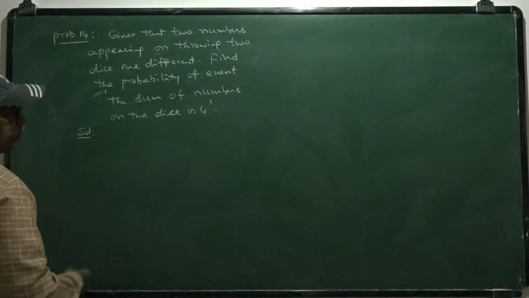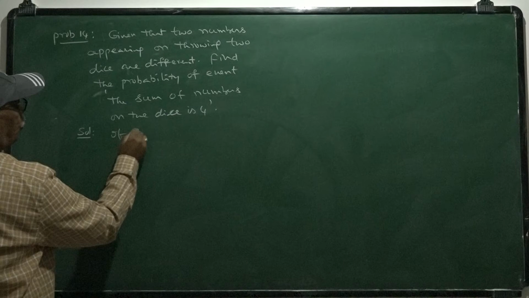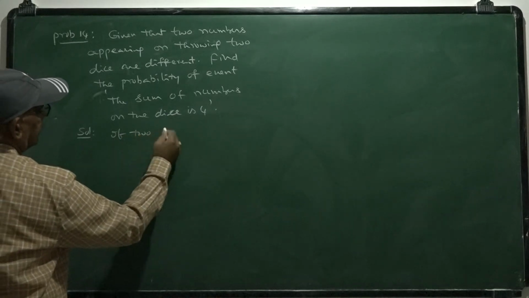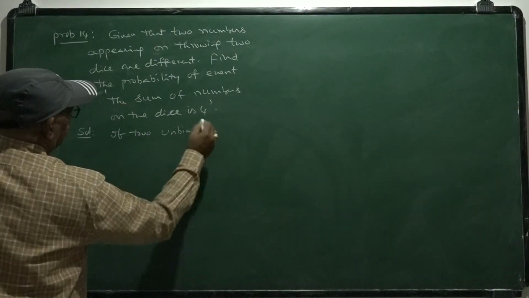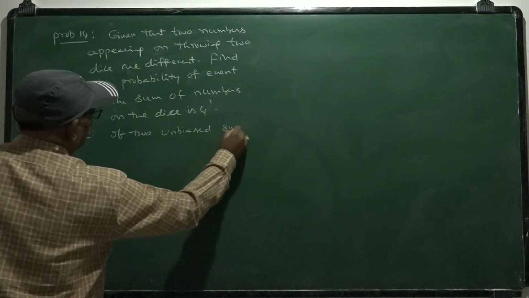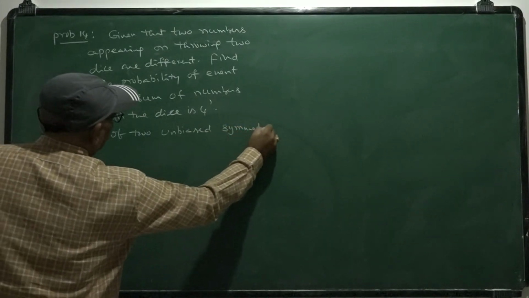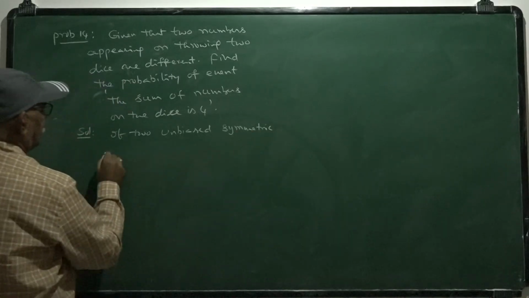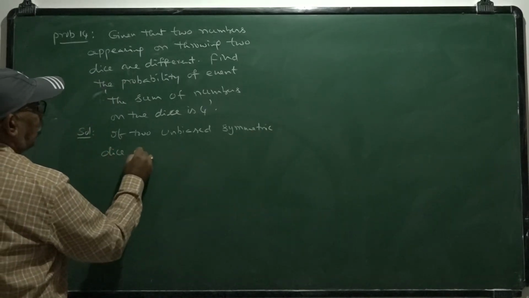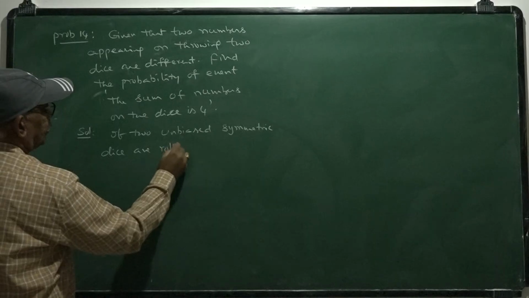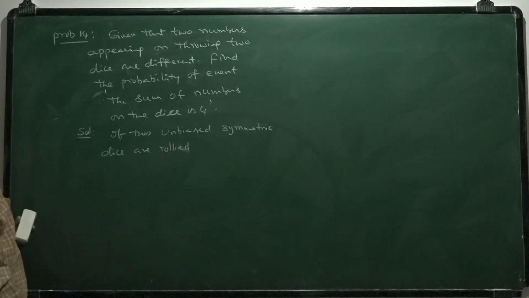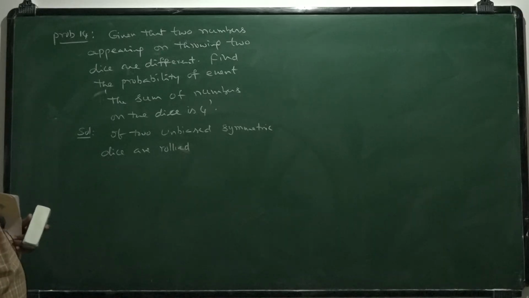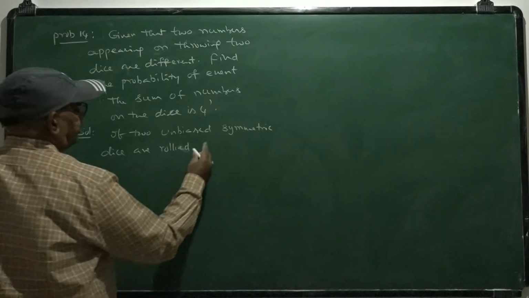Here the random experiment is that two unbiased, symmetric dice are rolled, throwing of two dice.